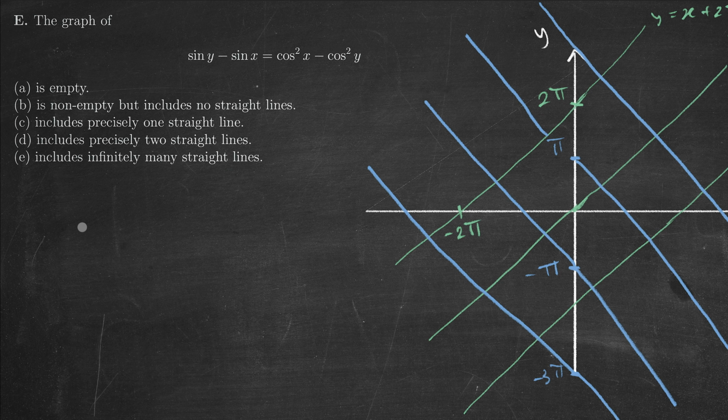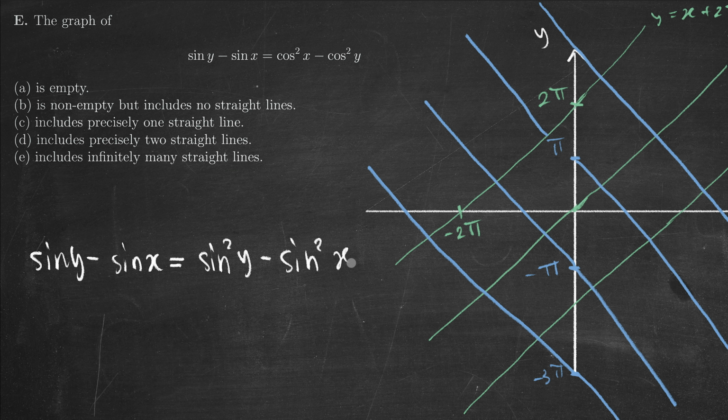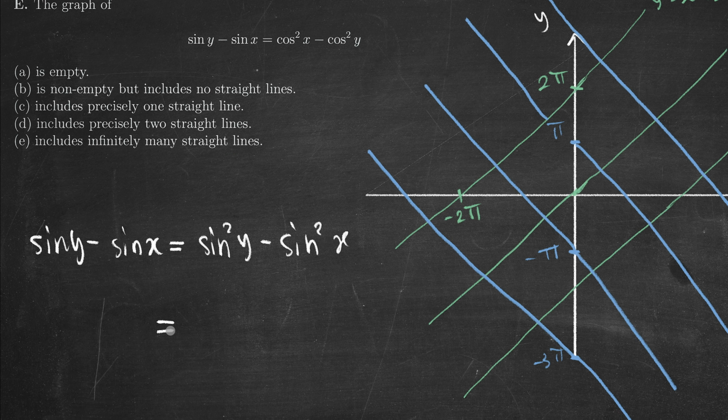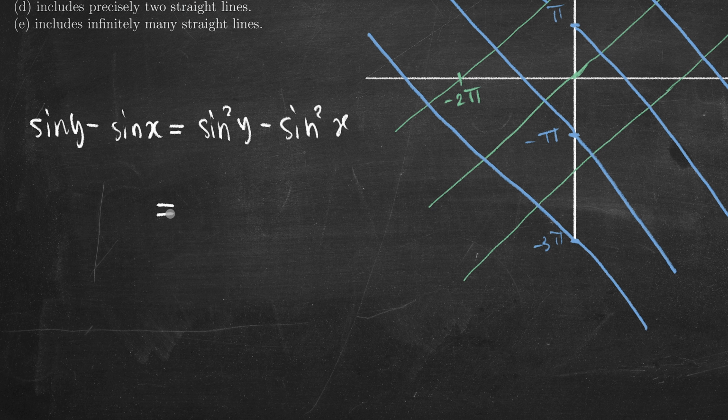So we had sine y minus sine x, and I swapped out the right-hand side in terms of the sine squared, so that gave me the sine squared of y minus the sine squared of x, okay? Now this right-hand side is begging to be factorized. It is the difference of two squares, in that you have one thing squared minus another thing squared.